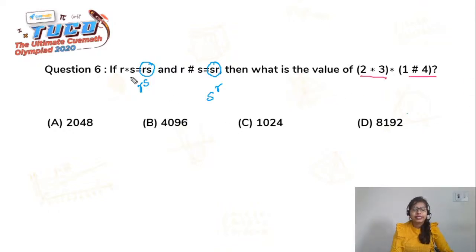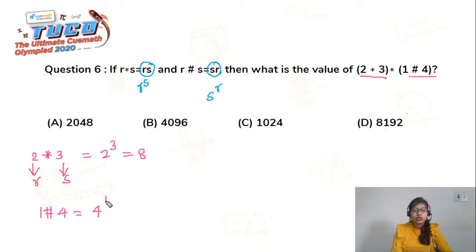As we all can see, this is nothing but 2 star 3. So I'm just going to write this individually. 2 star 3, what does this signify? This signifies that 2 is R and 3 is S. So we need R to the power of S, in a way 2 to the power of 3, and that's equal to 8. Same way, if I take 1 hash 4, it basically means the second number raised to the power of the first number.